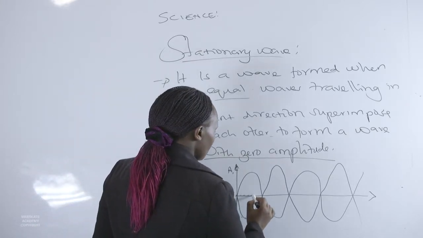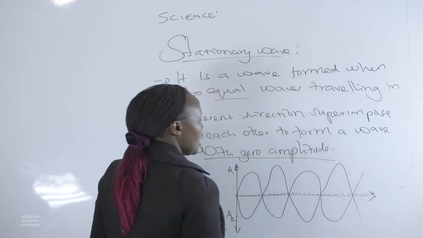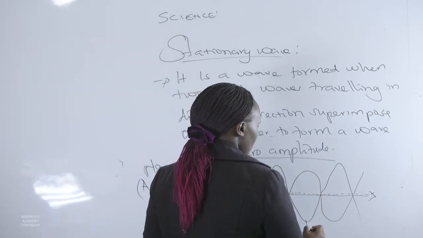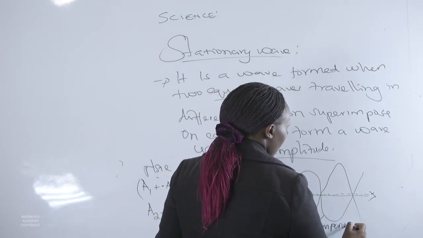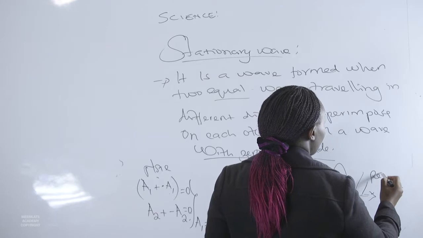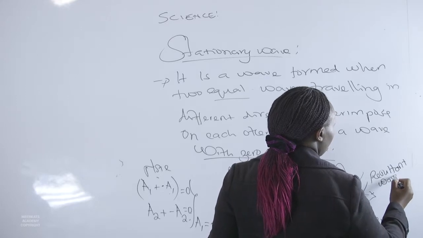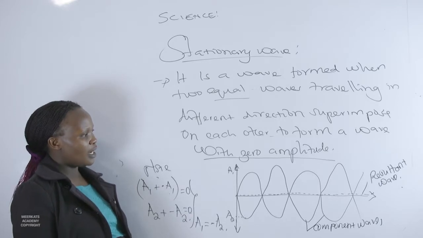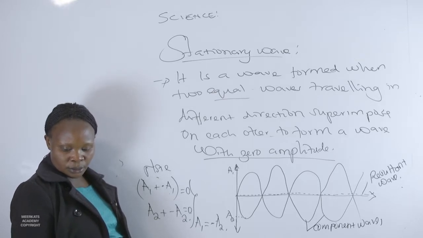Therefore, we are going to have a resultant wave with 0 amplitude. So here we have these two as the component waves, and this one is the resultant wave. When that happens, we have what we call a stationary wave.